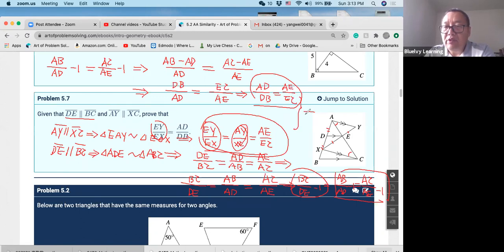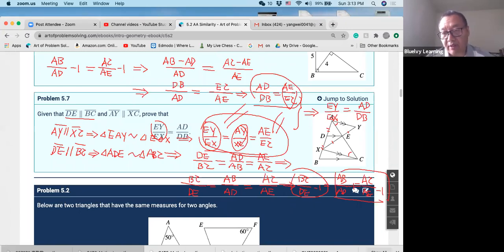Combine these two together, we can get EY over EX equals AD over DB, right? This one is the same as this, so their left sides should also be equal. That means EY over EX should equal AD over DB. So this one we already proved, right?